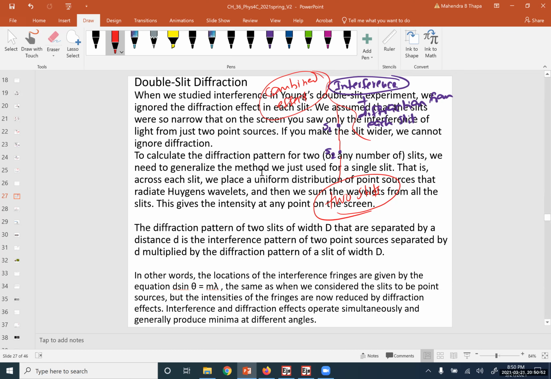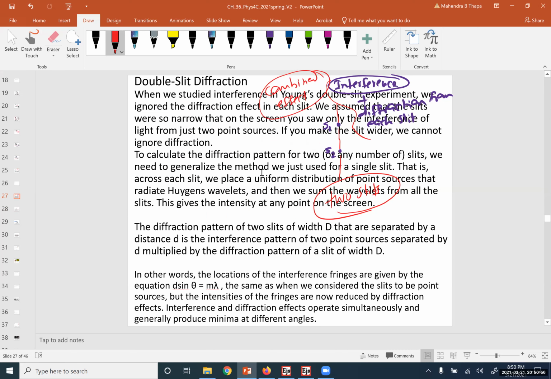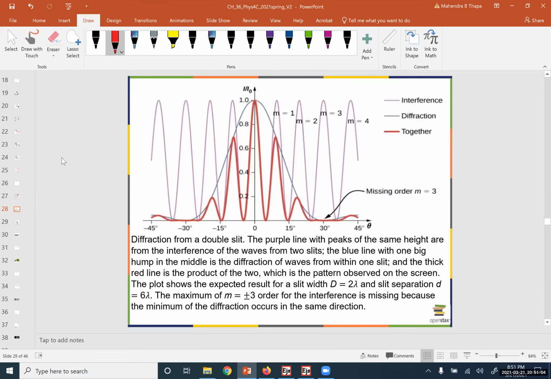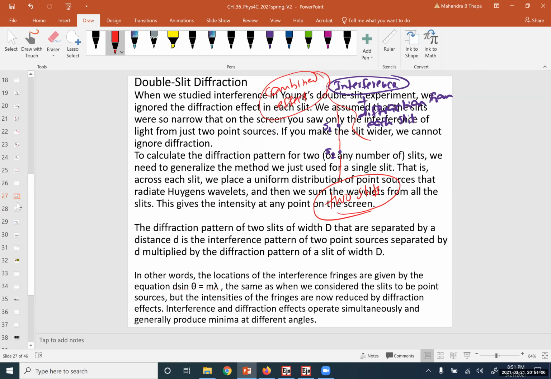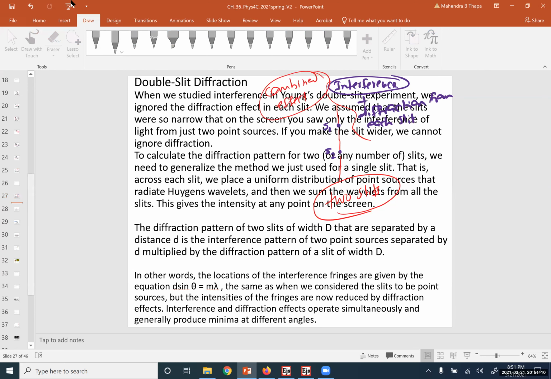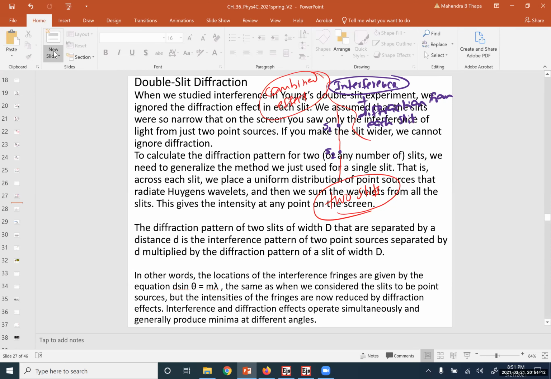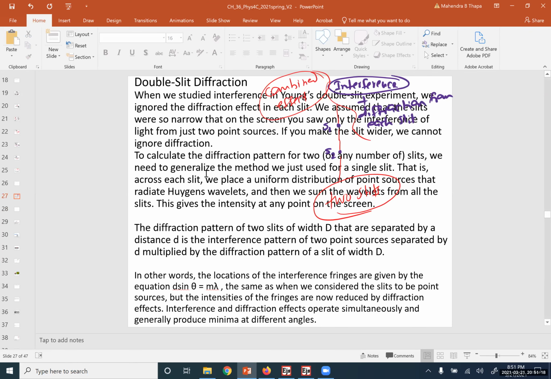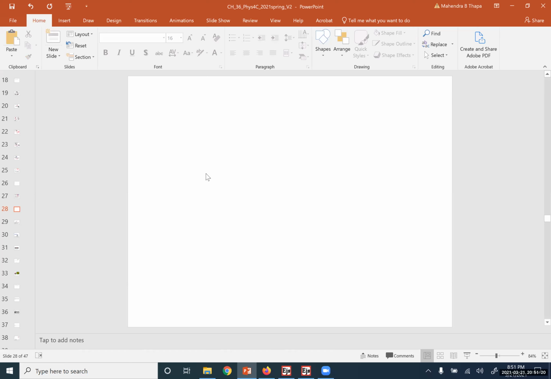One point we have to consider in this scenario is that we need to be careful. We used a sin theta, or d sin theta, whatever.